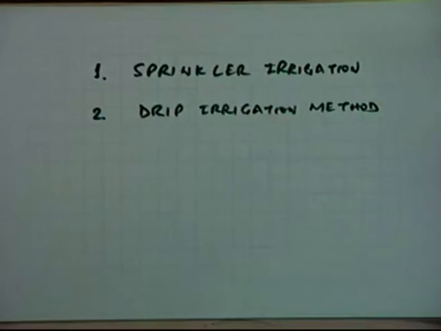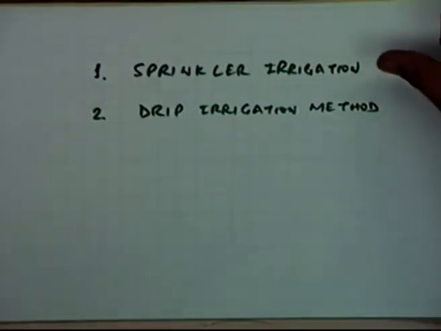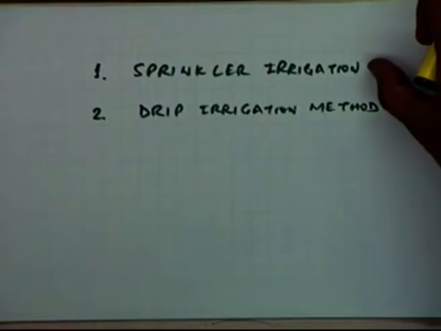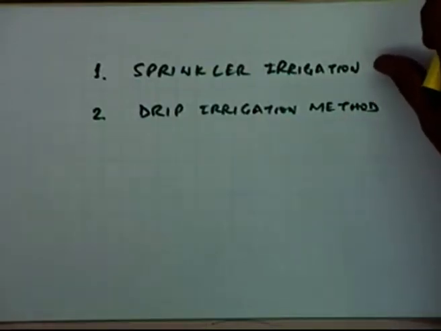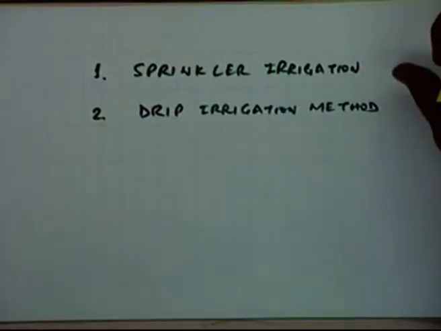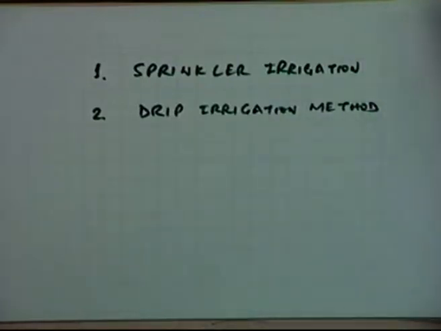That was the basic reason that people thought of different ways of saving water, and by doing so they felt that if they use sprinkler irrigation, in comparison to the drip method, the saving is not much. That has been found later on, but the intention was to save water. That was the first intention.